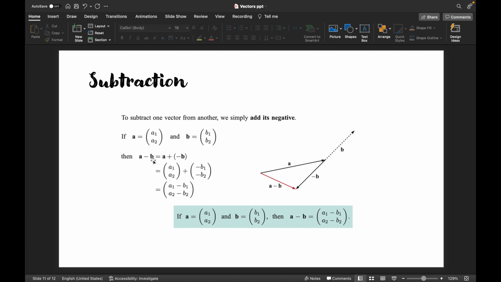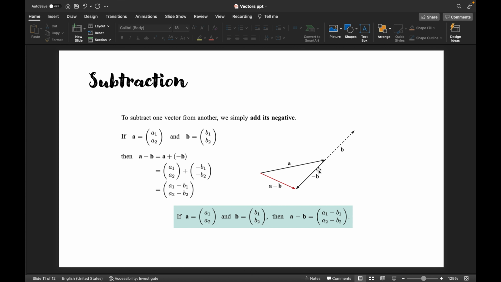It's A minus B is A plus of minus B. And therefore, we just have to subtract A1 minus B1 to find the x component, and we have to do A2 minus B2 to find the y component. That's all. It's very simple.